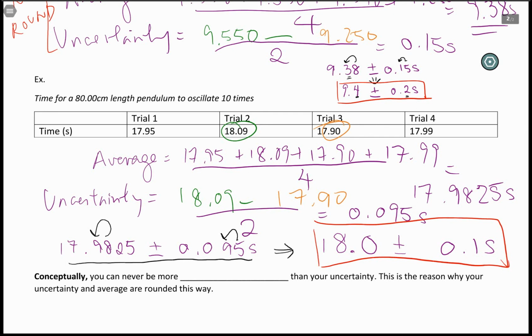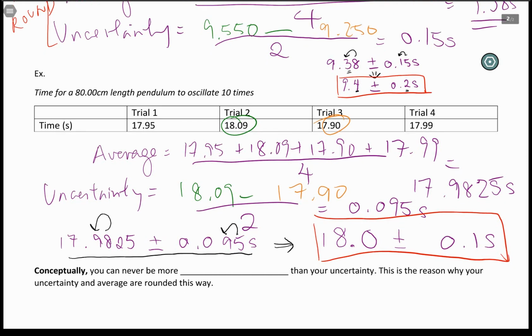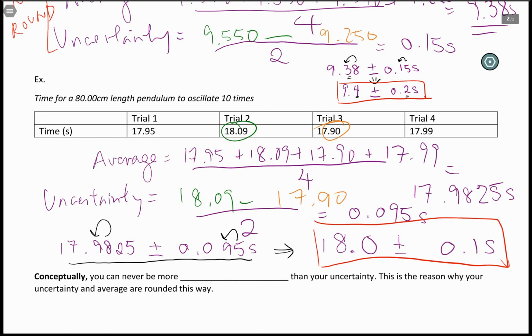The reason why we do all this rounding has to do with how confident we are in our results. If we're already 0.1 second uncertain about our measurement, does it make sense that we write 18.02756, with all the trailing digits that follow?